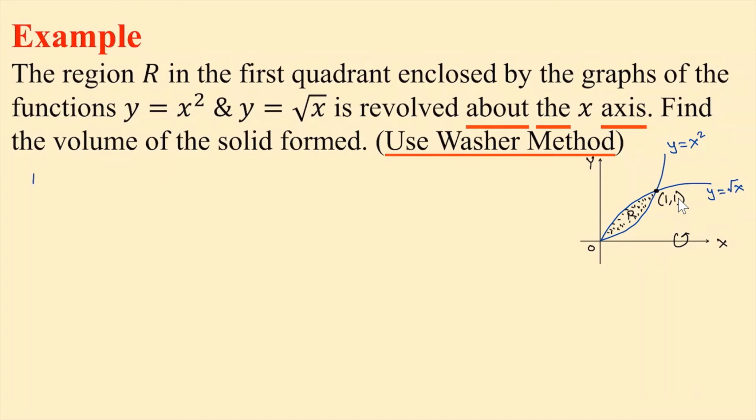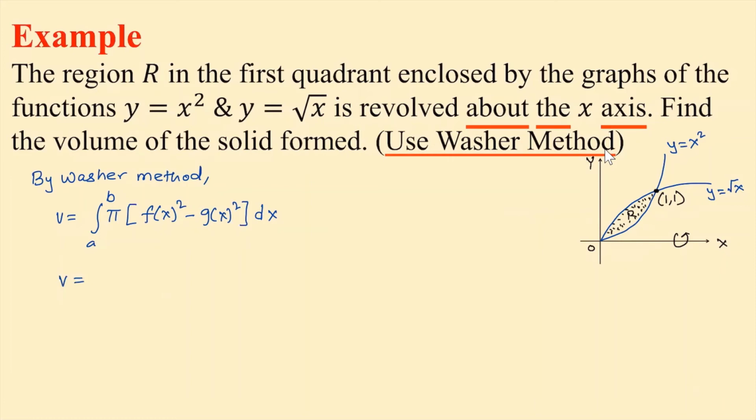By the washer method, volume is equal to the integral from a to b, because we are integrating with respect to x as we are revolving about the x-axis, of pi multiplied by f of x squared, that is the function far from the x-axis squared, minus g of x squared, that is the function closer to the x-axis squared, with respect to x.